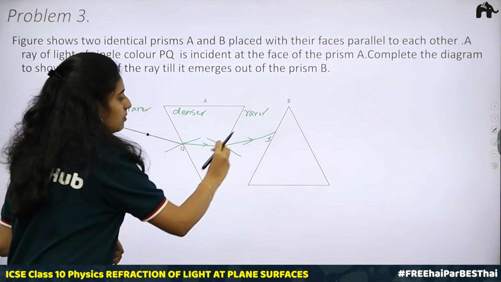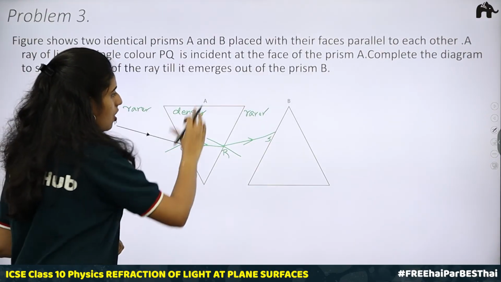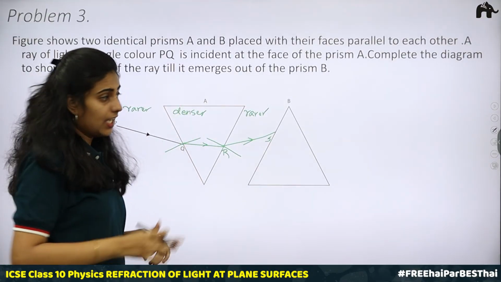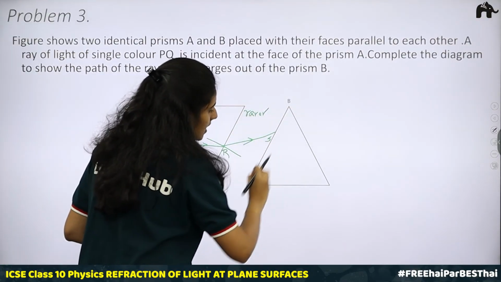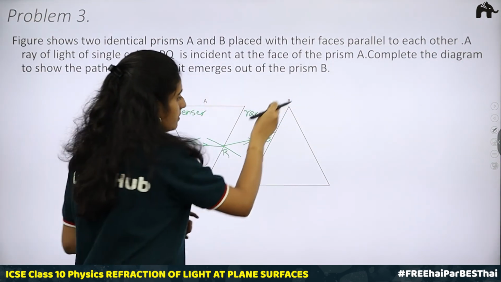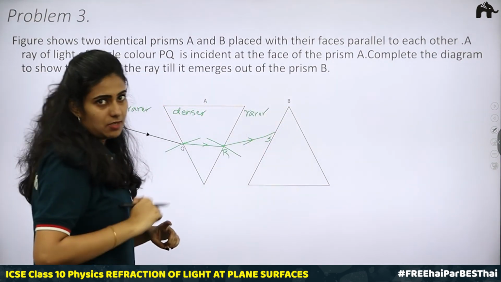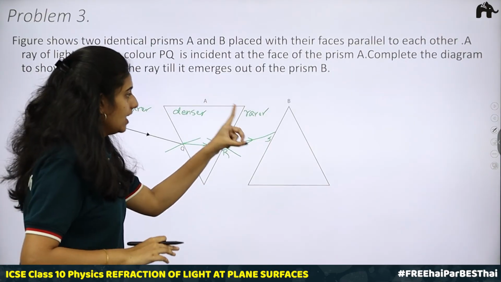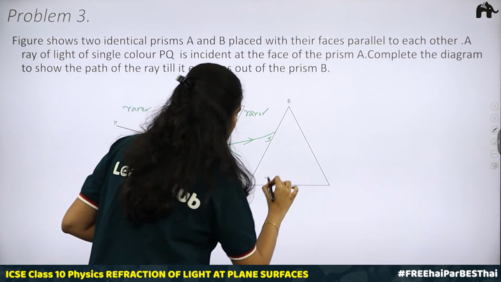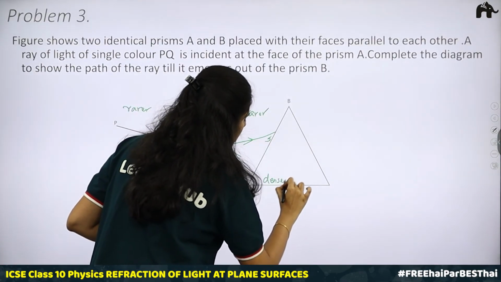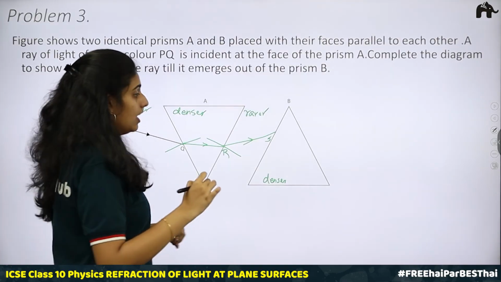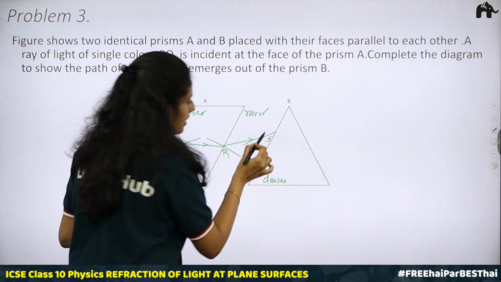This emergent ray of prism A comes and strikes the first refracting surface of the second prism. Again, light is moving from a rarer medium to a denser medium. What happens to the light ray? It bends towards the normal. Let's draw the normal.